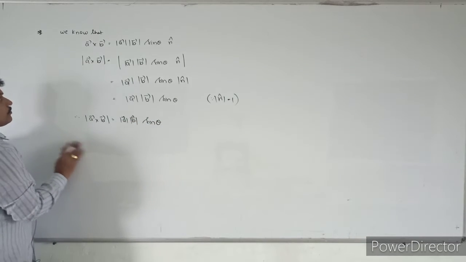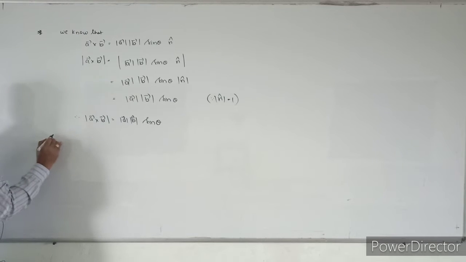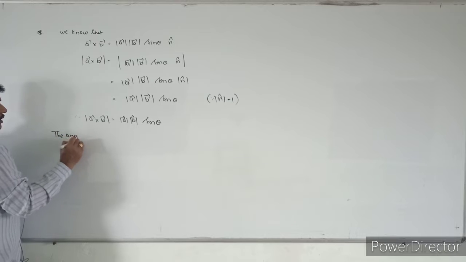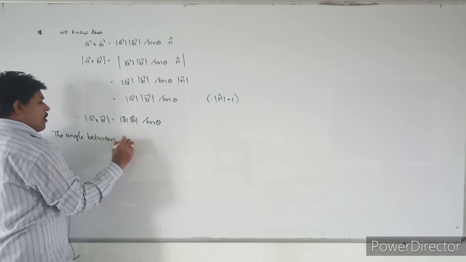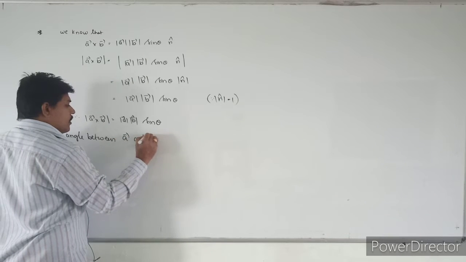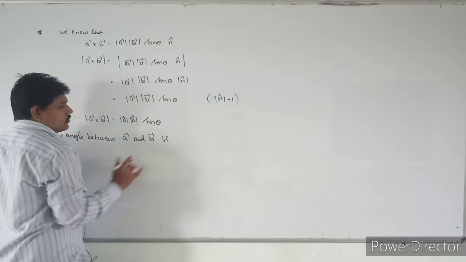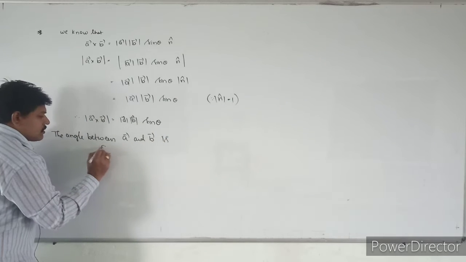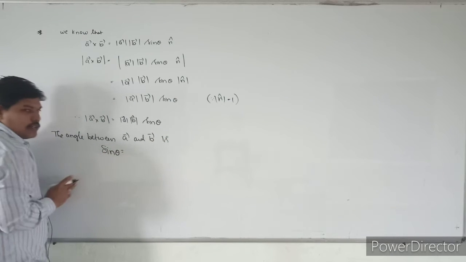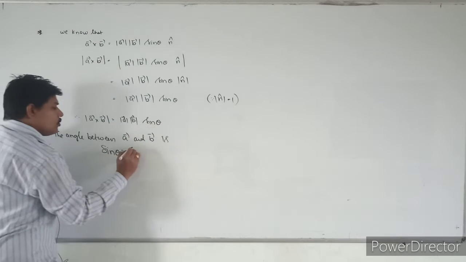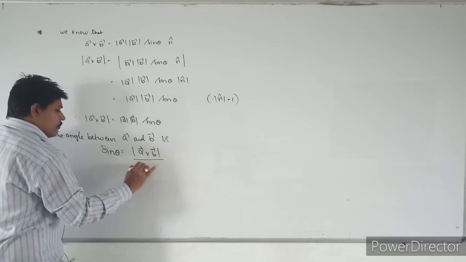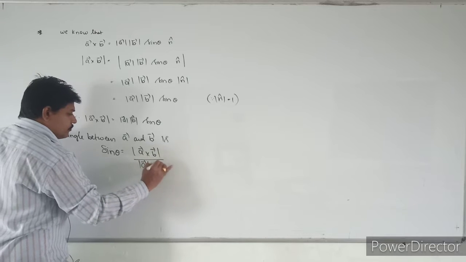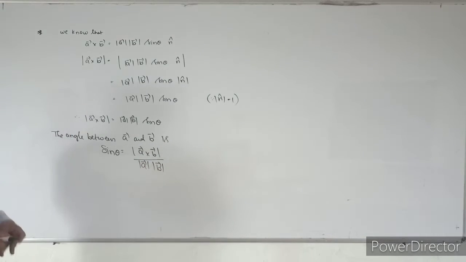And also, the angle between A bar and B bar: sin theta is equal to mod A bar cross B bar by mod A bar mod B bar.